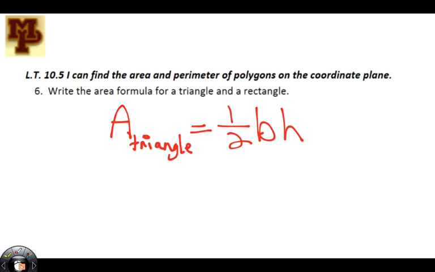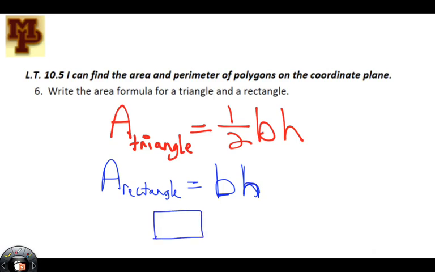And area of a rectangle is really just length times width, but you can just say base times height. So if you have a rectangle like this, this would be your base and this would be your height. And if you have a triangle, this would be your base and this would be your height, and it's 1/2 that.